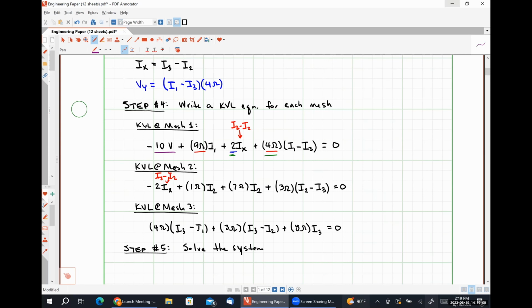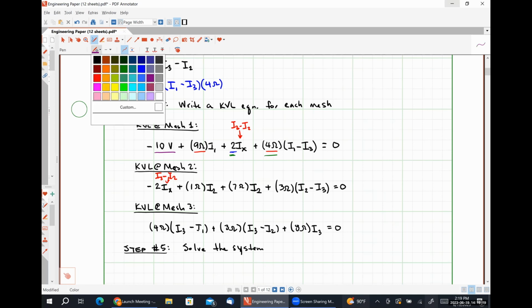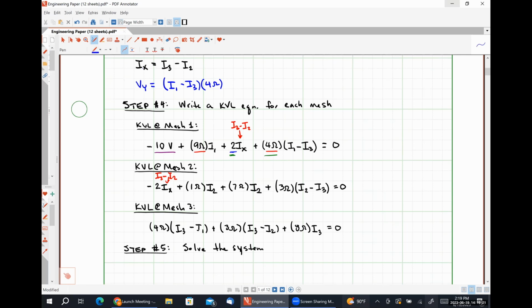In my second equation, I don't see any I1s, so that coefficient is going to be 0. My coefficient for I2 is going to be positive, so it's going to look like 2 from here, 1 from here, 7 from here, and 3 from here.